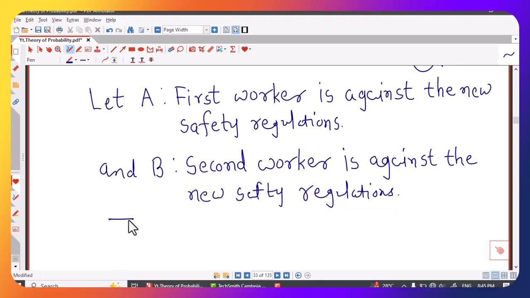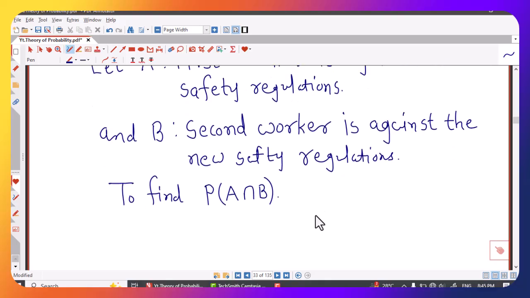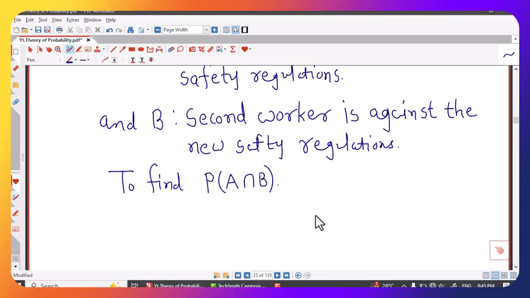And what do I want to find out? I want to find the probability that both workers are against new safety regulations. That is, the worker selected first is against the new safety regulation and the second worker is also against. To find this probability, we will use the multiplication rule for probability.